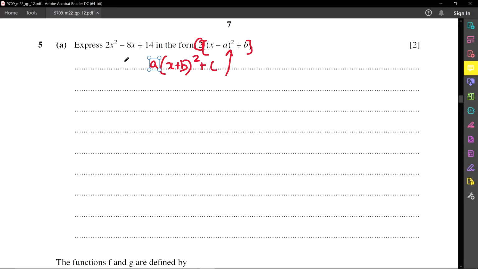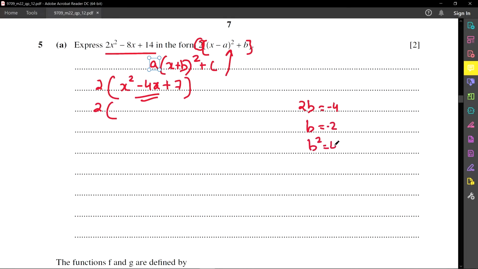No need to worry. When you observe the quadratic equation, which is 2x squared minus 8x plus 14, you see that 2 is common in all the terms. So pull it out: 2 into x squared minus 4x plus 7. Now complete the square for this. So 2b is minus 4, so b is minus 2, so b squared is 4.